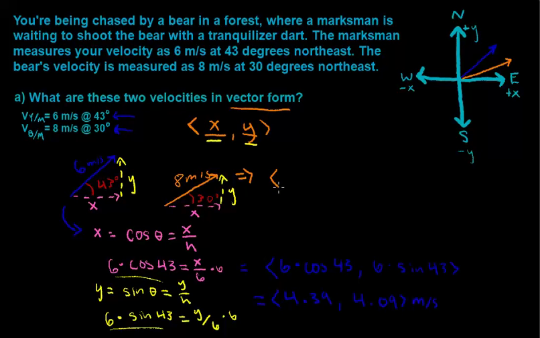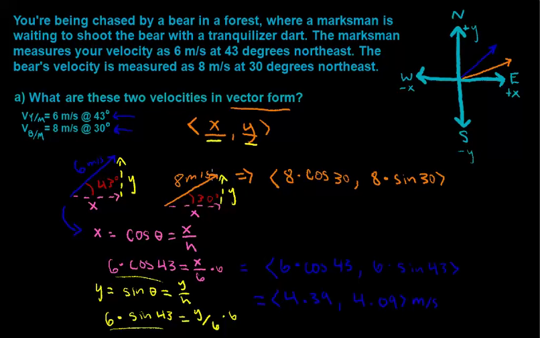So basically what we have to do is multiply our magnitude 8 times the cosine of its angle, 30 degrees, for the x value, and then for the y value, 8 times the sine of 30 degrees.